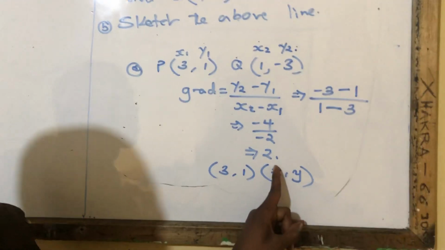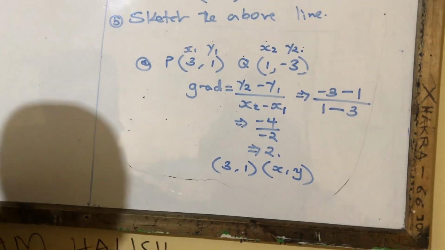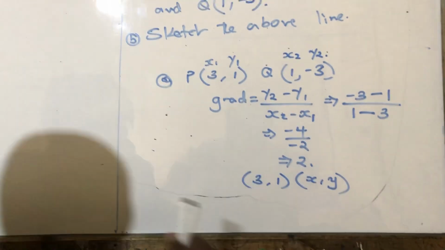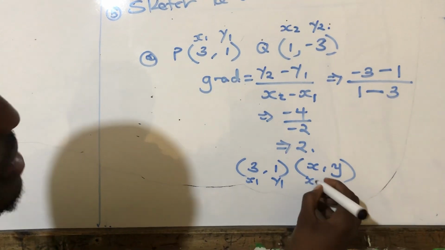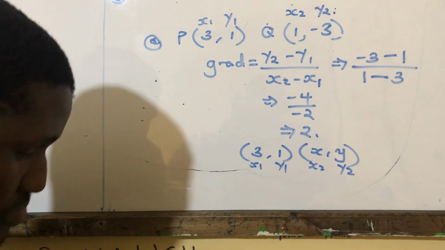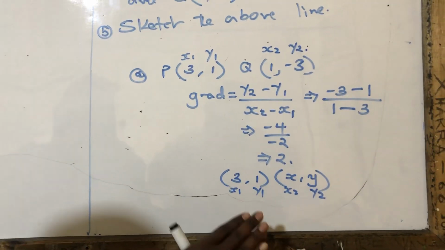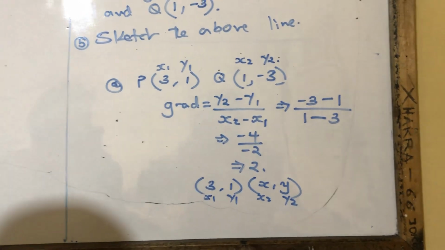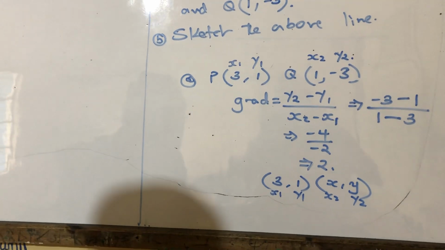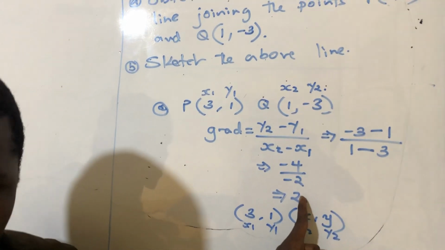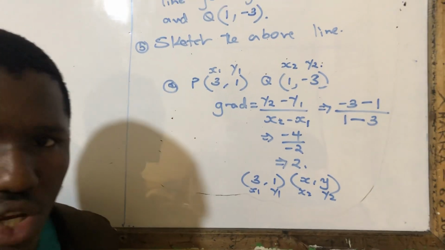This time round, our goal is to obtain the equation. So I will still label it the way we did the other one. This will be x1, y1, and this will be x2, y2.